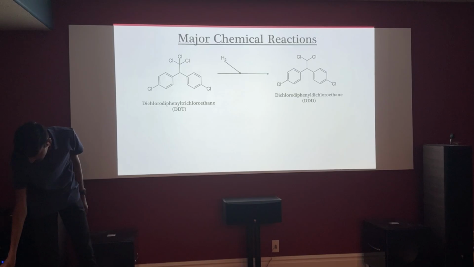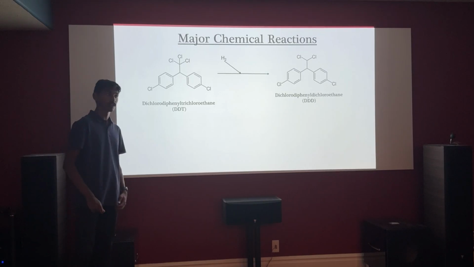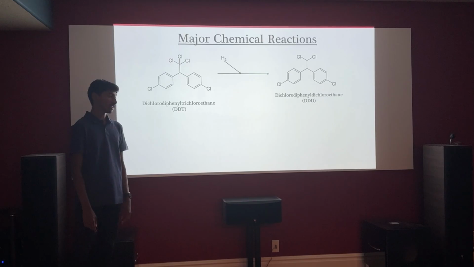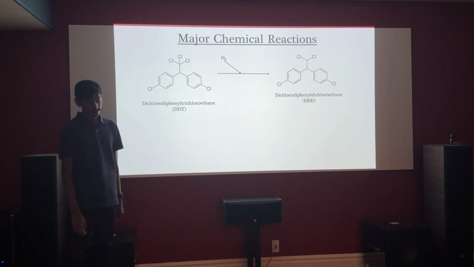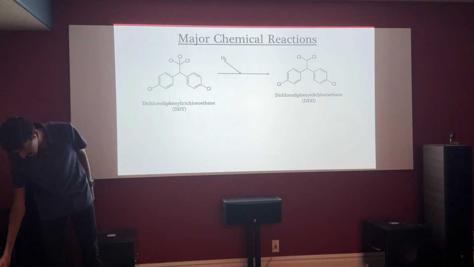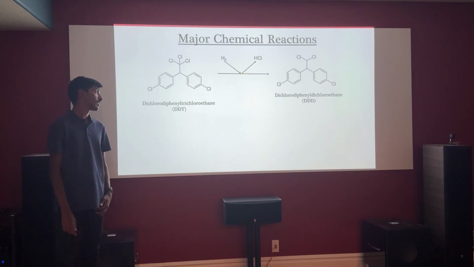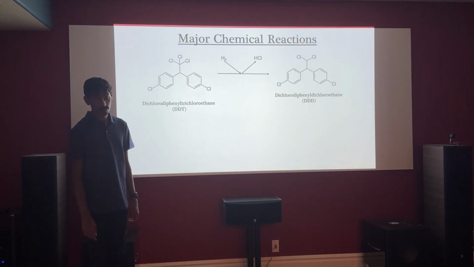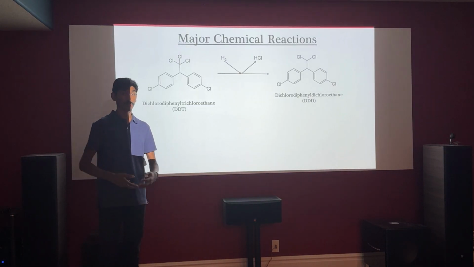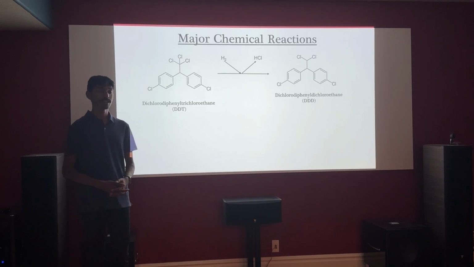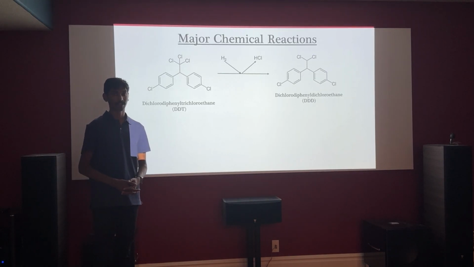This is dichlorodiphenyl dichloroethane, or DDD for short, but it's a pretty deadly molecule, and it has its own effects. But one of the side effects of this reaction is that it produces the wonderful hydrochloric acid. Now, hydrochloric acid is an extremely strong acid. It's also what is in our stomach acid.